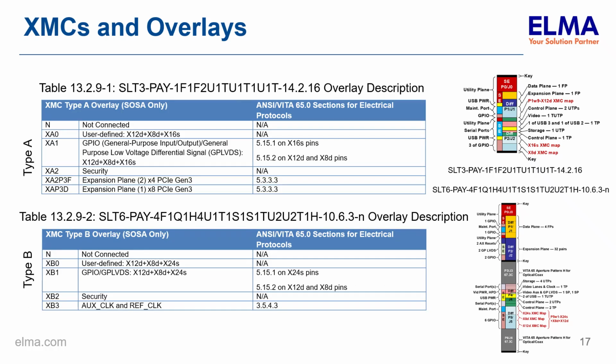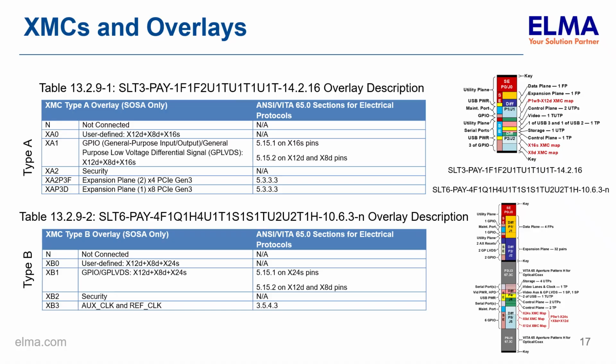One last item to note about XMCs is overlays. The SOSA technical standard defines a small set of XMC overlays for both the 3U, called Type A, and 6U, or Type B, profiles. The thoughts behind the overlays were to define a few relatively simple XMC mappings that SOSA identified as commonly being needed.